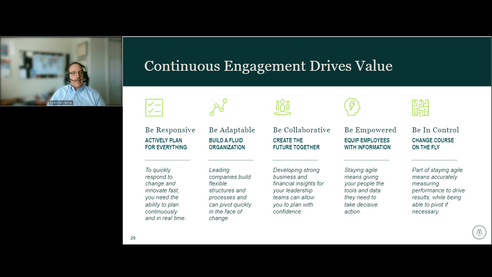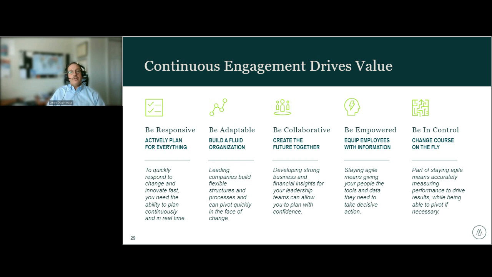We usually have it come in on a daily basis, and you can see how the period is shaping up. When you have that kind of information, then you can be adaptable. So now you can say, I understand what's going on. I understand how that shapes up according to our plan. And now how do I use that information and dig into it and drill into it and then capitalize on the opportunity that's at hand and then look forward to what is coming up. So that just helps you be adaptable.